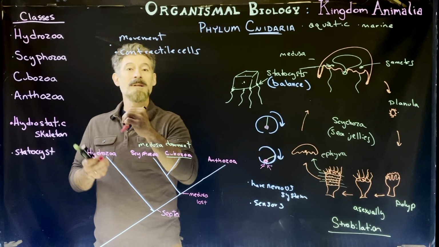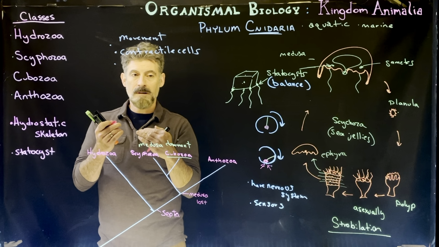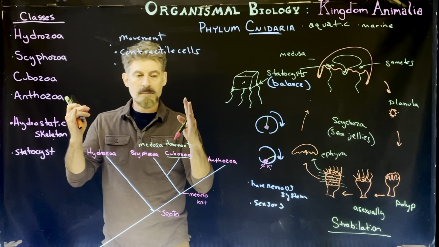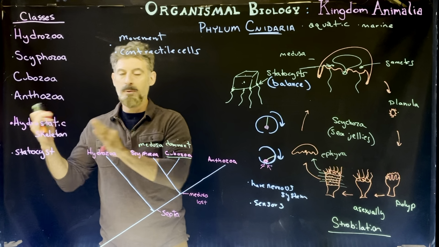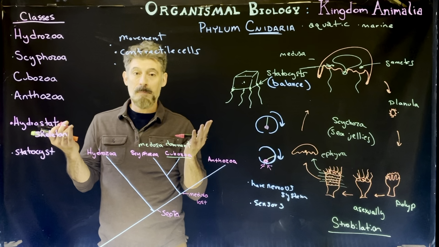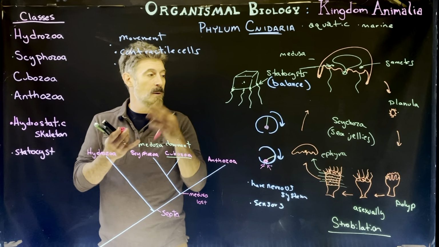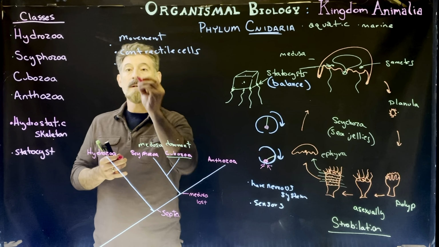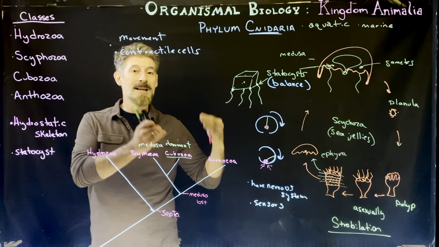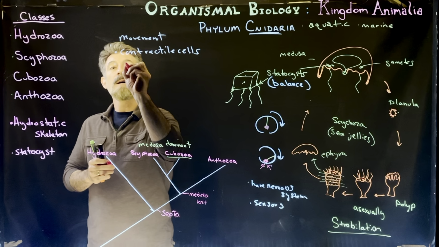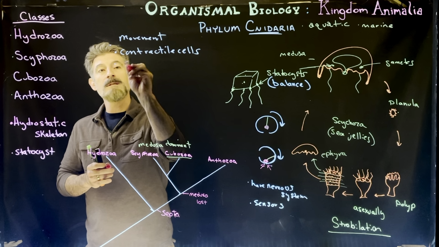And then you need something to contract against. If they're just contracting and there's nothing you're pulling on or pushing, then nothing happens. It's just a random movement, and the organism doesn't go anywhere or do anything in particular. So there has to be a force exerted against something else. Generally, that's some type of skeletal system.